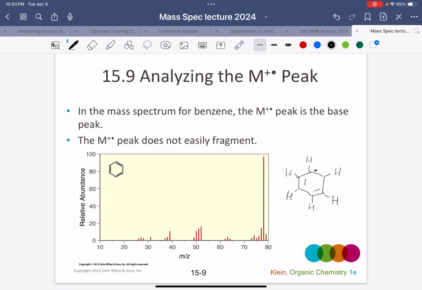So maybe we've got something like that, where our benzene ring really isn't going to fall apart as readily. I mean, we still get some. We'll always get these little fragments. But the really big thing is here, what's the mass number there? Well, that's 80, 79, 78.